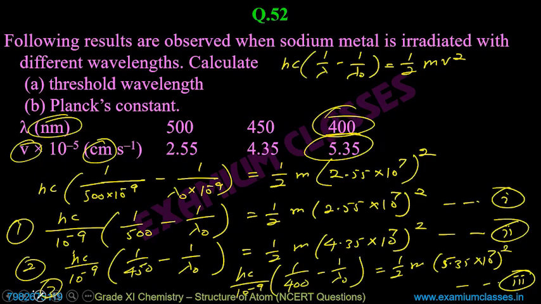Second is to find the Planck's constant. Once you have obtained the value of lambda naught, substitute the values of the speed of light, mass of electron, lambda naught in any one equation, and you will get the value of h.